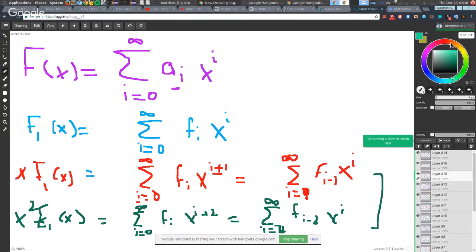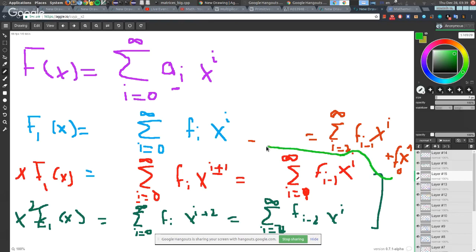So this expression is also equal to the sum from i equal to 2 of the same expression, and then we add a constant outside for the i equal 1 case. Basically f0 x to the power of 1.